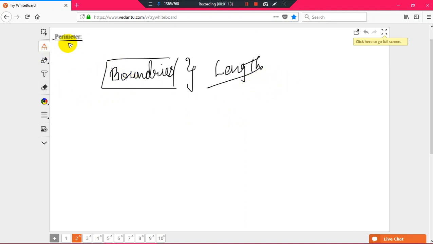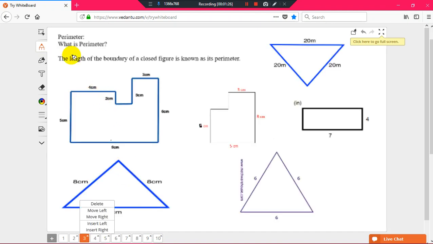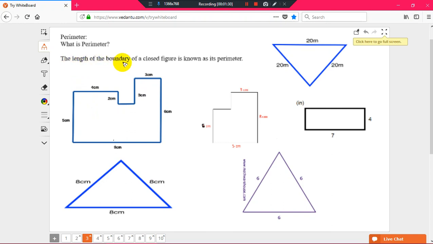The sum of the boundaries, or the length of the boundaries, is known as perimeter. The length of the boundary of a closed figure is known as its perimeter.